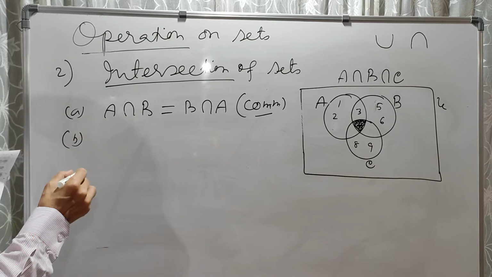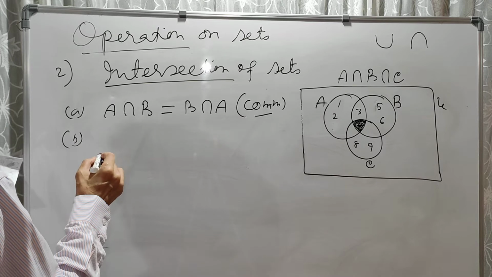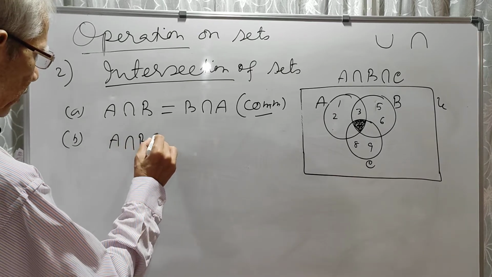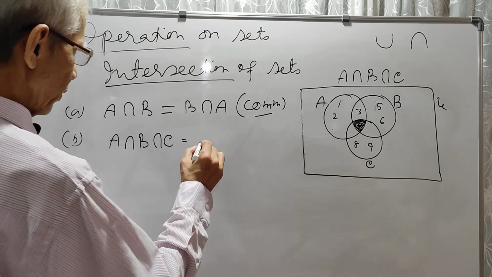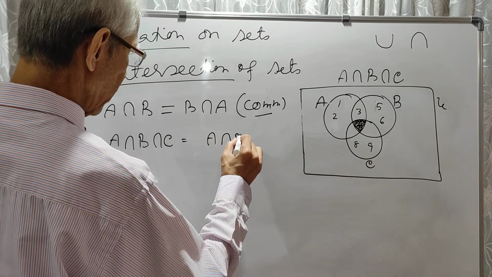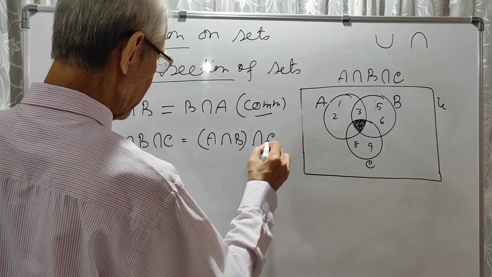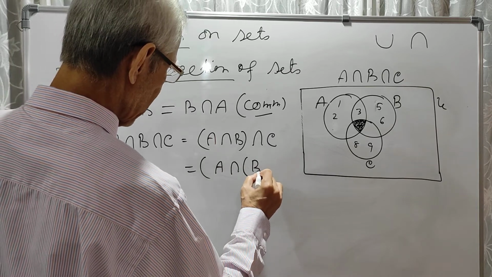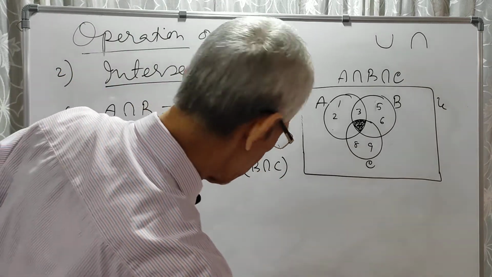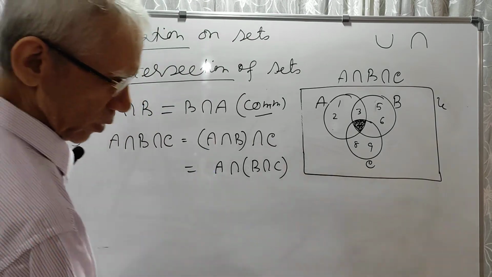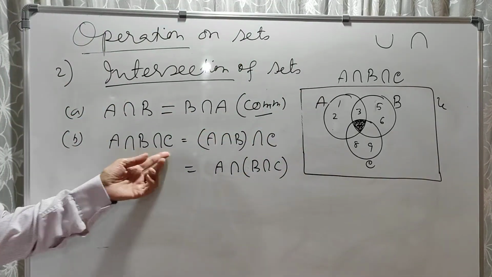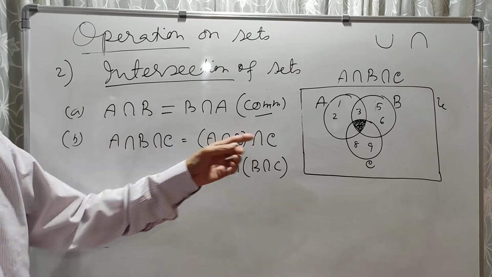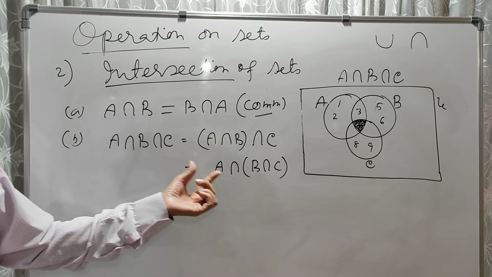Now the second property is the associative property. Just now we did A intersection B intersection C. That is equal to (A intersection B) within bracket, then intersection C, and that is equal to A intersection (B intersection C). If you have to find the intersection of 3 sets, first you put together the first 2 within bracket, A intersection B, then intersection C. Or you can put the second and third together.